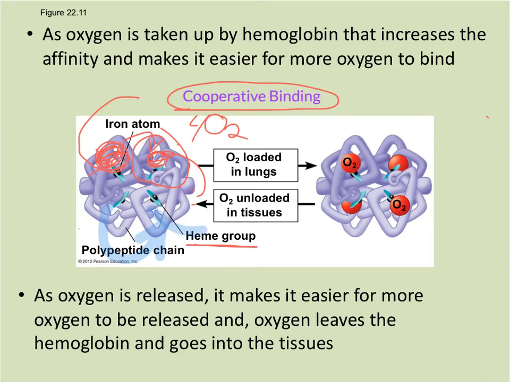It's going to cause a conformational change for this group to drop off its oxygen molecule, which will then cause a conformational change for this one to drop off its oxygen molecule. So it's all or nothing. A hemoglobin molecule will be carrying all 4 of its oxygen molecules, or will release all 4 of its oxygen molecules. And this is called cooperative binding, and it's going to lead to the oxygen dissociation curve. So let's talk about that next.